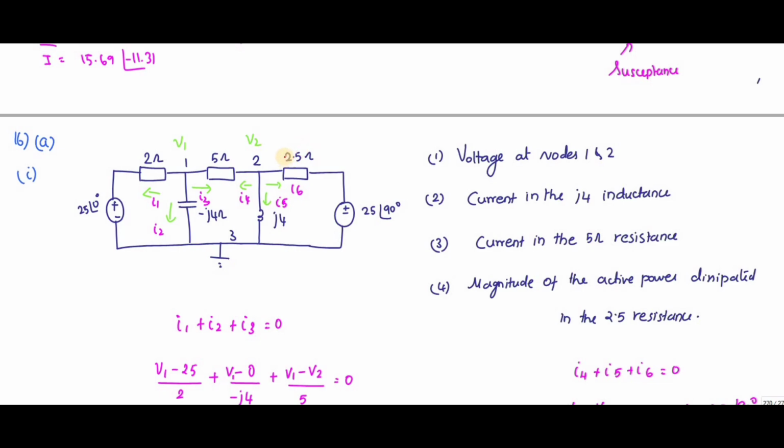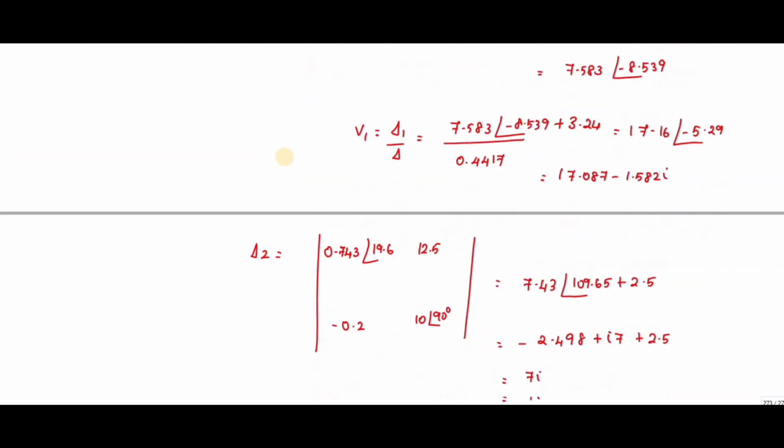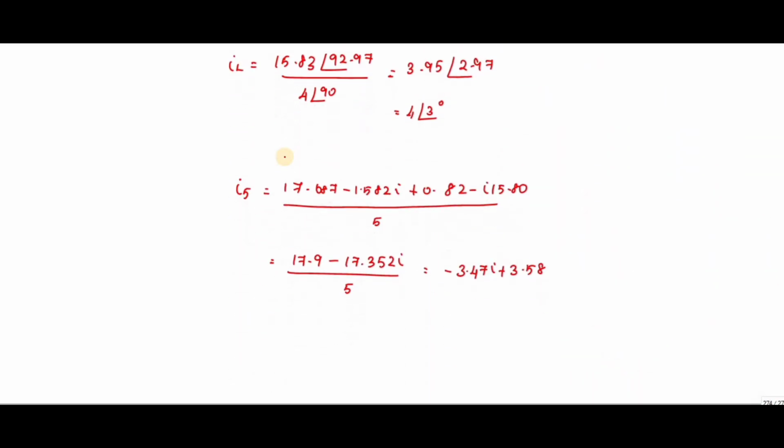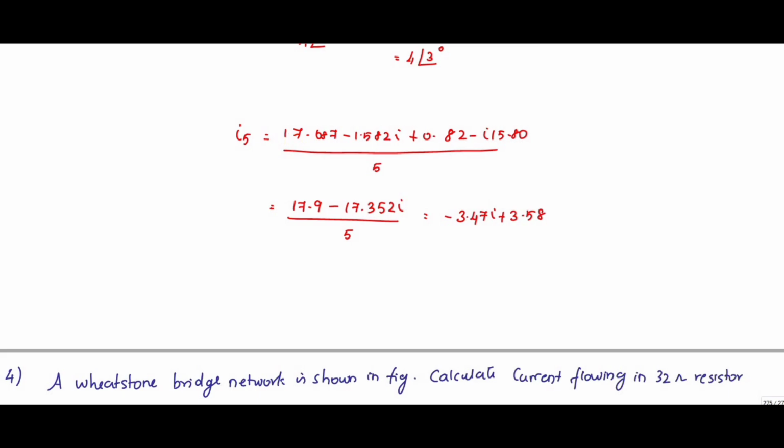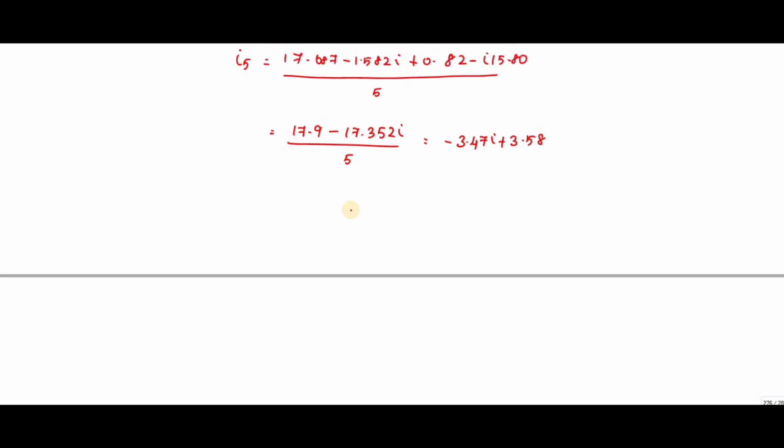If I want to find the current, it is the power dissipated by the 2.5 ohm resistor.